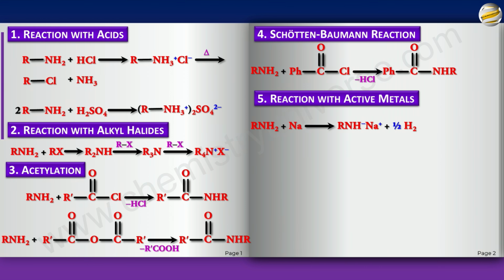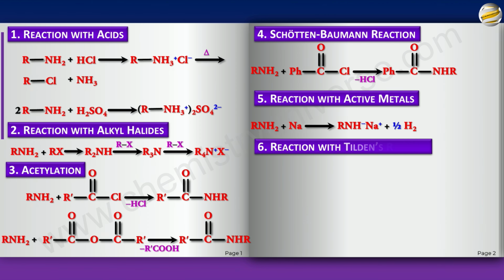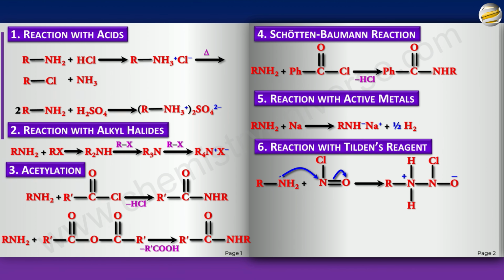Then another nucleophilic reaction we have done before is the reaction with Tilden's reagent. If you remember, Tilden's reagent is NOCl, N double bond OCl. The N attacks the nitrogen, and the pi bond shifts to O, and you get this. Here you have the intramolecular proton exchange happening, but it is not going to happen that easily.